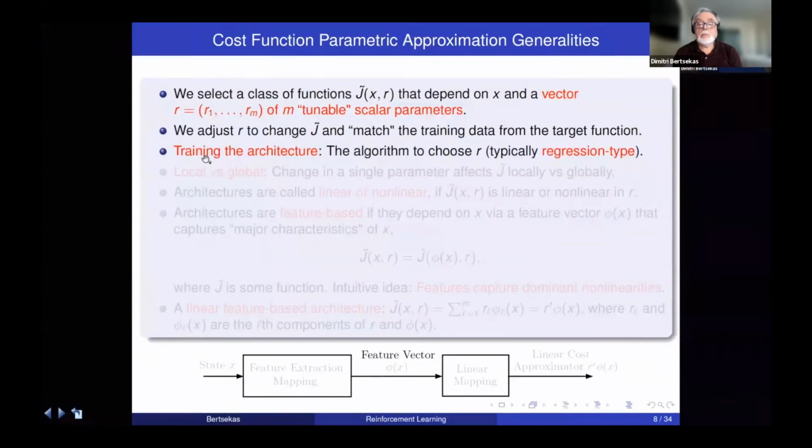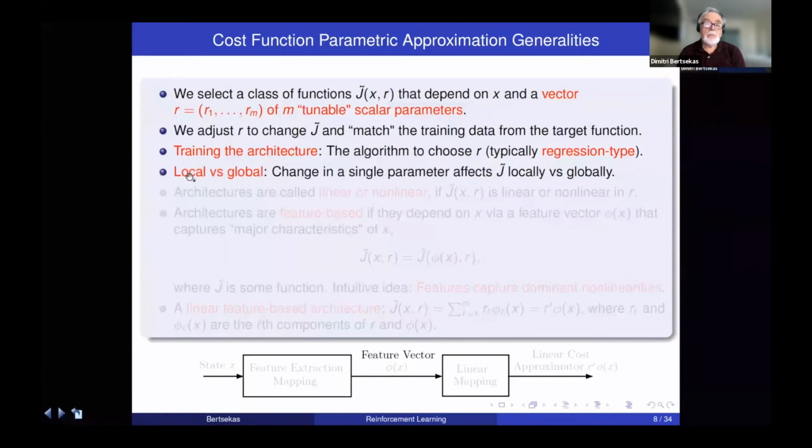By training the architecture, we mean that we apply an algorithm that chooses r, and this algorithm typically solves a regression type problem involving the sum of squared errors, or something similar, between the data and the output of the approximating function.